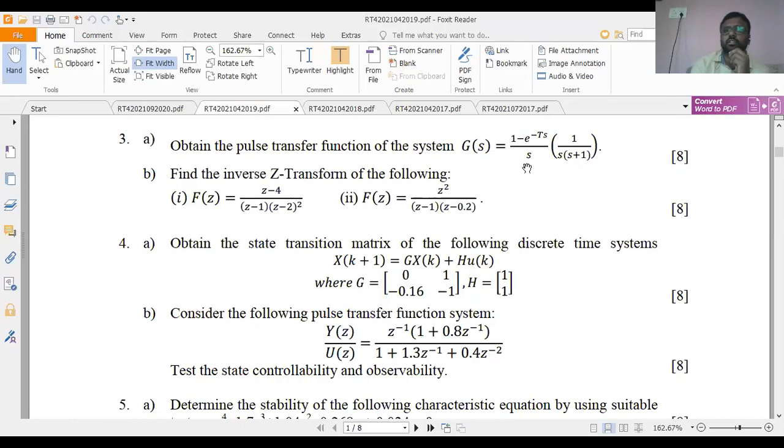In order to obtain the pulse transfer function, C of z divided by R of z is nothing but 1 minus z inverse into G of s divided by s. And after that, he has asked us to calculate the inverse Z transform. F of z he has given, and you can apply any kind of method, that is the partial fraction method, residue method, or long division method.